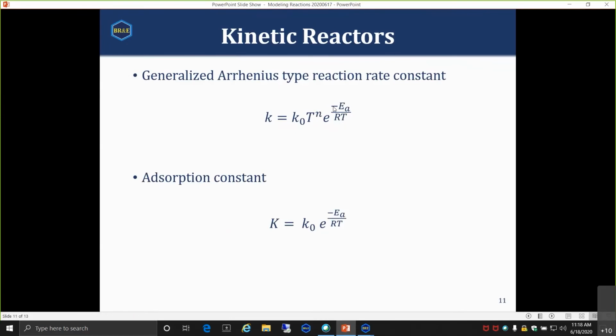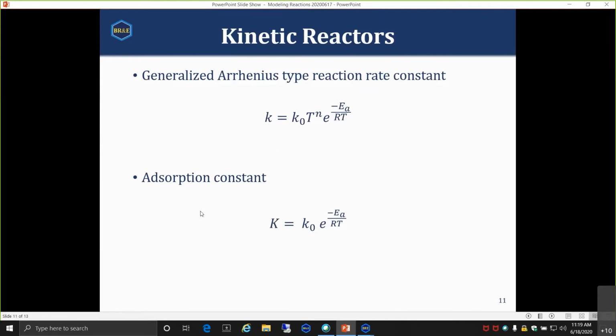So if this expression is supposed to remain negative, you'll put in a positive value for the EA, your activation energy. If the exponent turns positive, then you'll have to put in a negative value for the activation energy. That negative is assumed in the expression that ProMax uses.